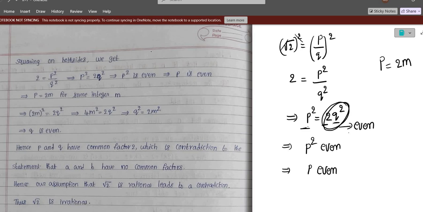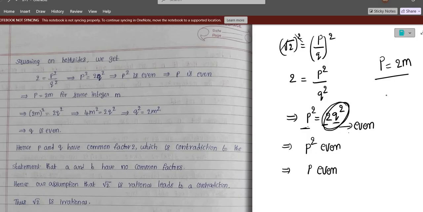Again do squaring on both sides. P can be written as 2m.